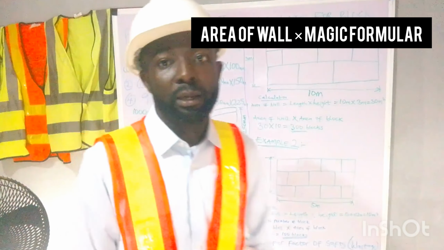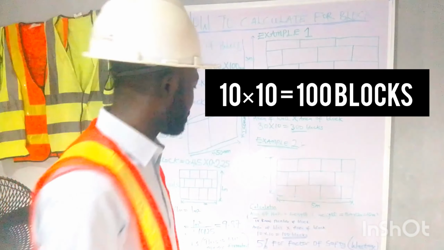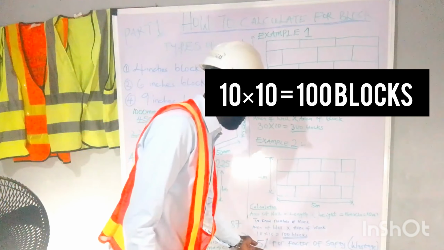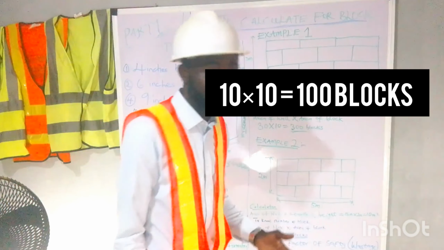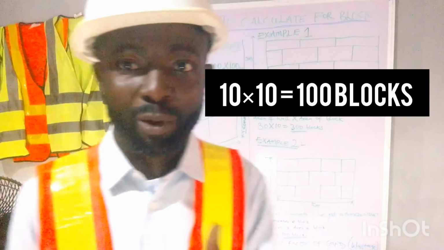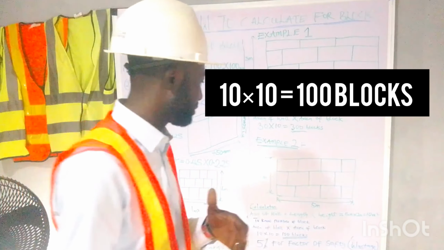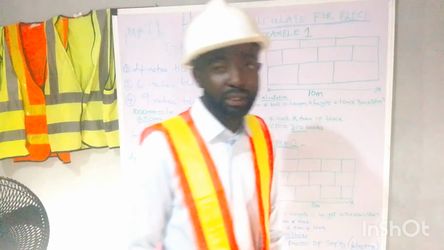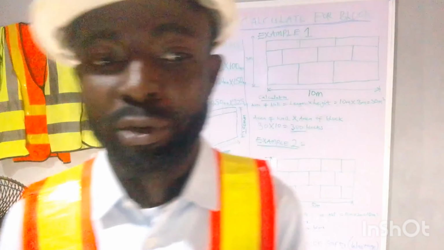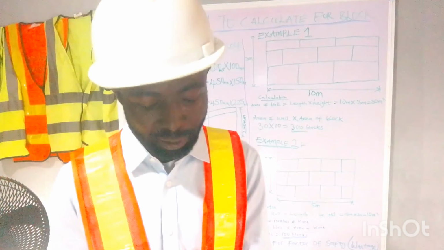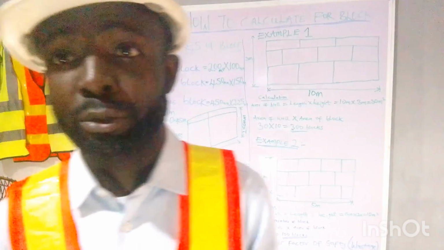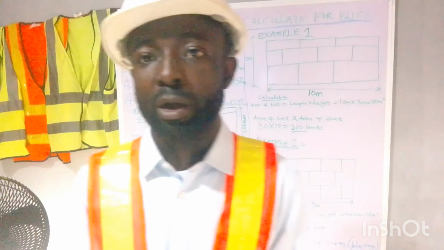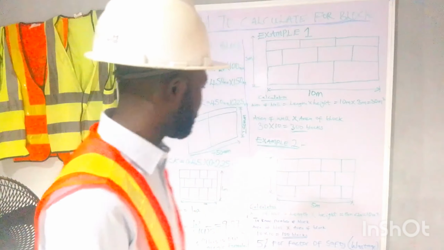Now, there is something we have to know. There's what we call percentage. You have to have 5% for factor of safety, for wastage, in case there is any breakage, because sometimes blocks do break on the site. So add 5%.